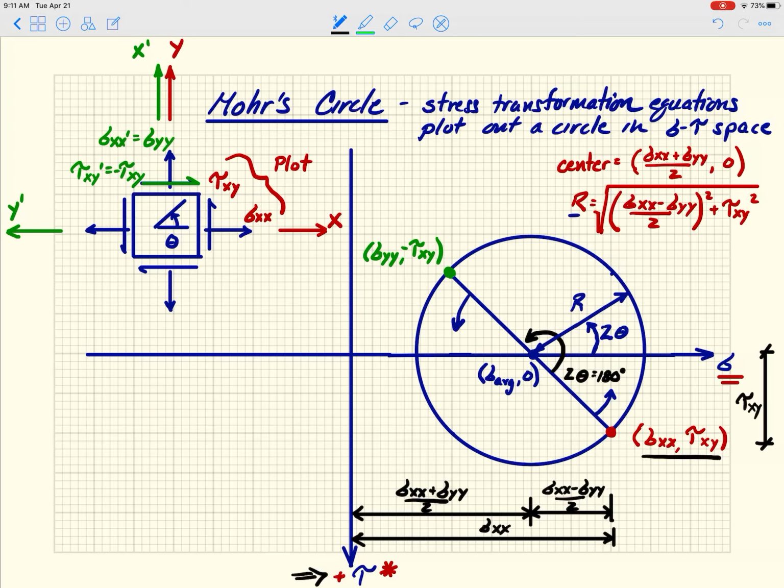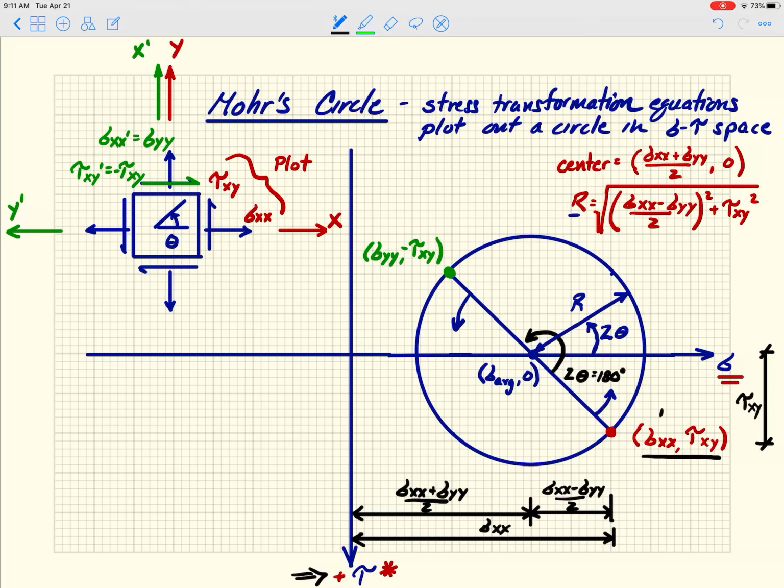If you plot tau positive upwards, you are going to completely confuse yourself, because the clockwise rotation on the Mohr circle will be a counterclockwise rotation on the actual stress cube. But if I plot tau positive downward, then the rotations are the same. So clockwise rotation on the stress cube is a clockwise rotation on the Mohr circle.